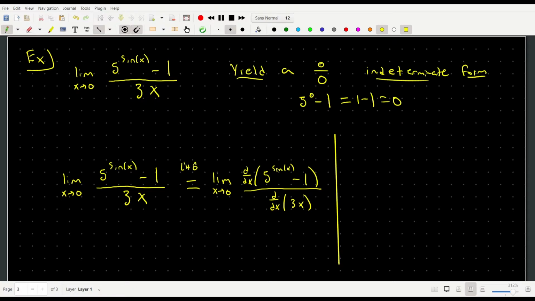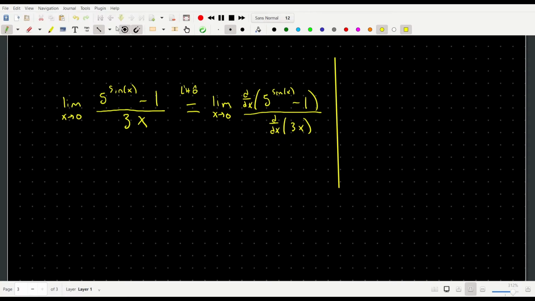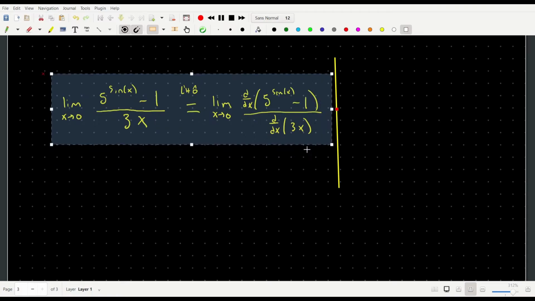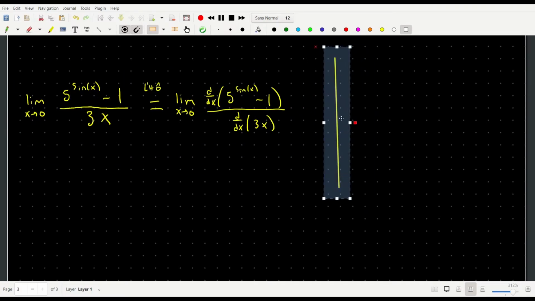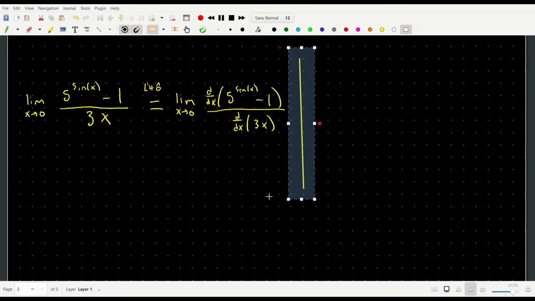The derivative of the denominator is relatively easy to calculate, just 3. But the derivative of the numerator is going to take a little bit of work, and we're going to want to remember some of our basic derivative laws.